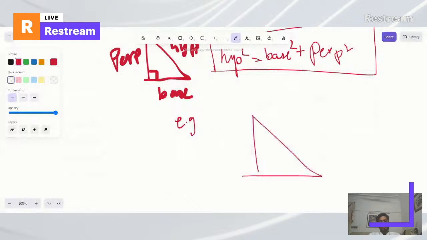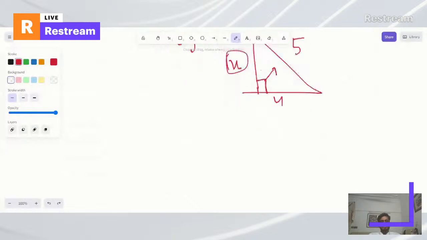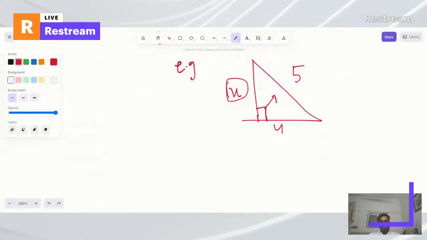Here is an example. This is a 90 degree angle, and the longest side, exactly opposite to 90 degrees, is called the hypotenuse. This side is 5 and this side is 4, and we need to find this length. How do we do this? The equation says hypotenuse square equals base square plus perpendicular square.